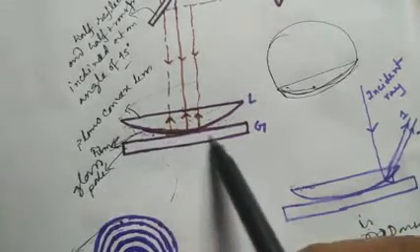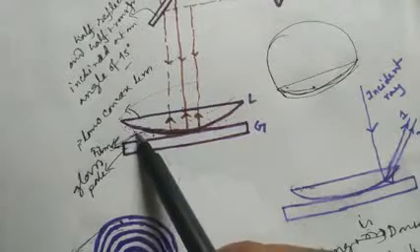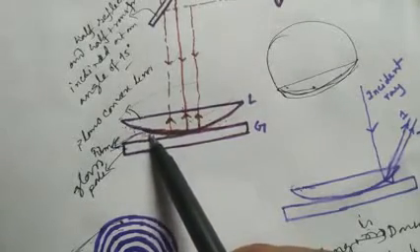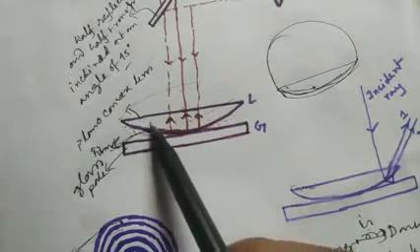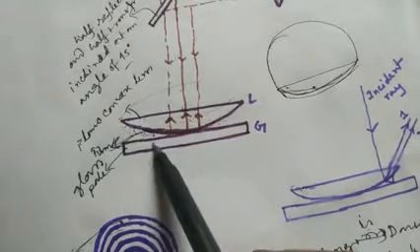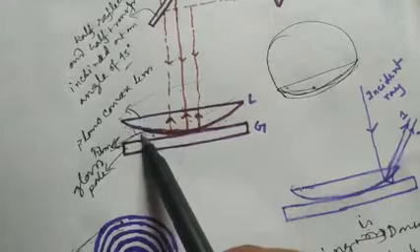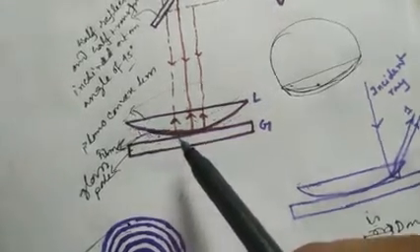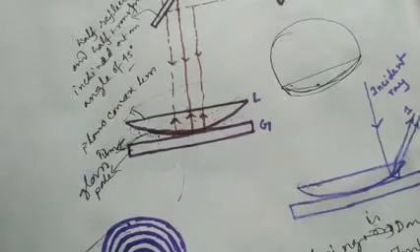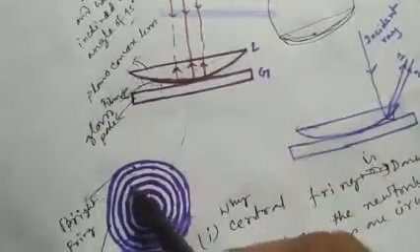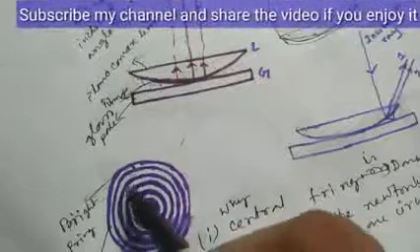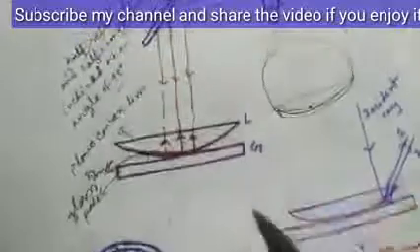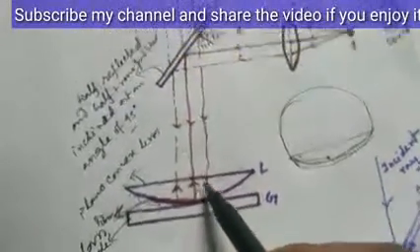Then this is the glass plate, and the air or liquid placed in the separation between the plano-convex lens and the glass plate works as the film, which produces the Newton's rings.